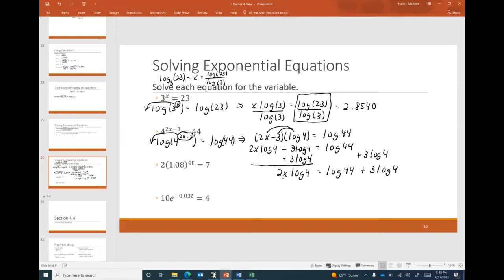Since I don't want 2x times log 4, since I just want x, let's divide both sides by 2 times the log 4. So when I do that, look what happens here. My twos are dividing out. I've got just x left, and there's the expression that I can evaluate with my calculator to find the value of x. Let's see what that is.